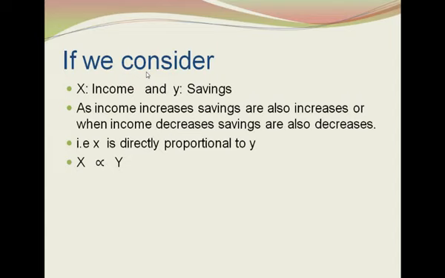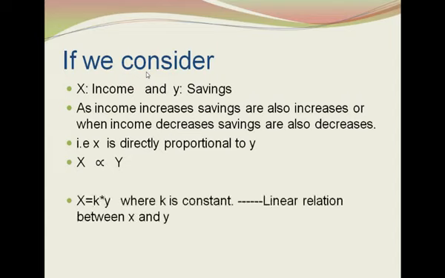We convert this proportionality into equality by assigning some constant after the equality sign, and we get the equation x = ky. In this equation, k is a constant and x and y are the variables. The highest power of both variables is 1, and therefore this equation is called a linear equation or linear relation between x and y. So x = ky is the linear relation between income and savings.